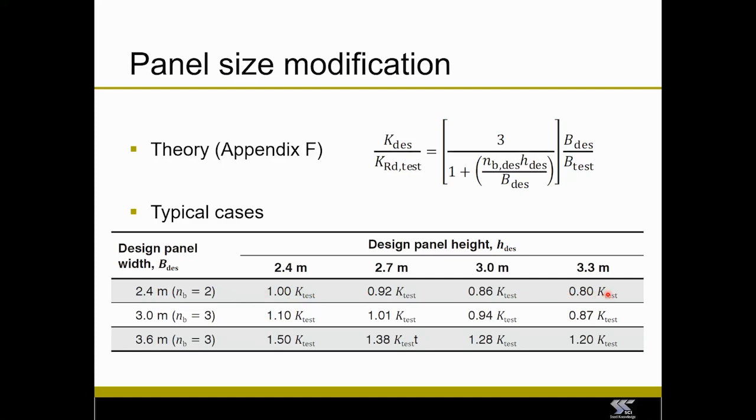If the panel height increases, then the stiffness factor reduces. If the panel width increases, then the stiffness factor increases, but it's not a linear relationship. So this is quite useful to use, and that is the expression in one of the appendices in the publication. The publication explains how that is all carried out.